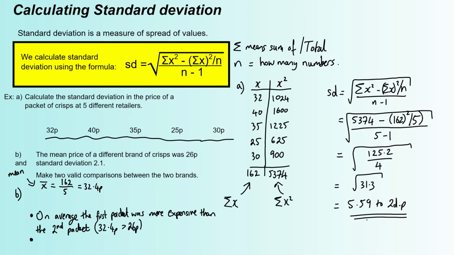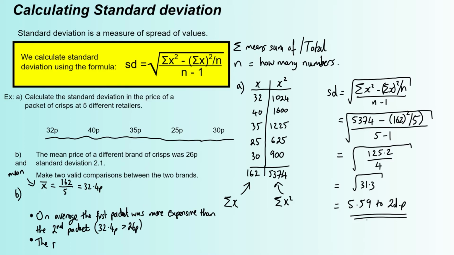Again, I'm going to compare first to second. If you want to do it the reverse, that's fine. Just make sure you change your statement appropriately. So we're going to say that the price of the first packet of crisps was more varied than the prices of the second packet. That's the kind of statement we want.